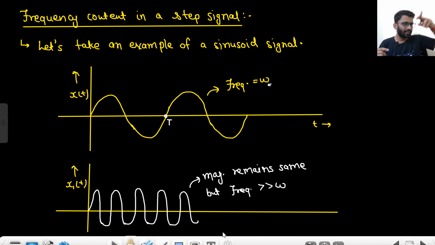Now if this is my signal, my frequency is greater than omega, because in the same time I am having more number of cycles. If this is t only, in this period I am having 1, 2, 3, 3.5 cycles. Here I was having only one cycle. So basically your frequency is increasing, right?